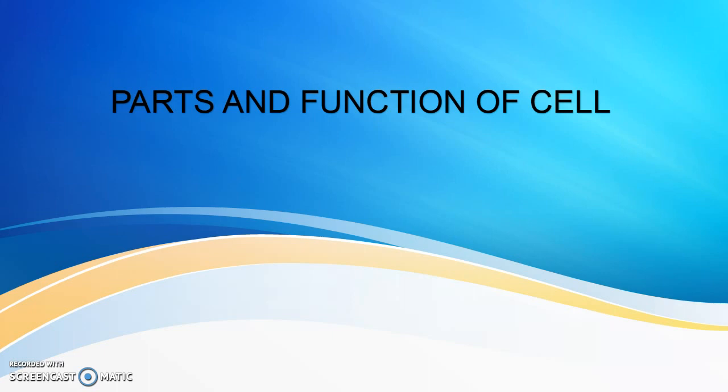And now let's proceed to the two types of cell, the prokaryotic cell and the eukaryotic cell. A prokaryotic cell is a type of cell that does not have a true nucleus or membrane-bound organelle.